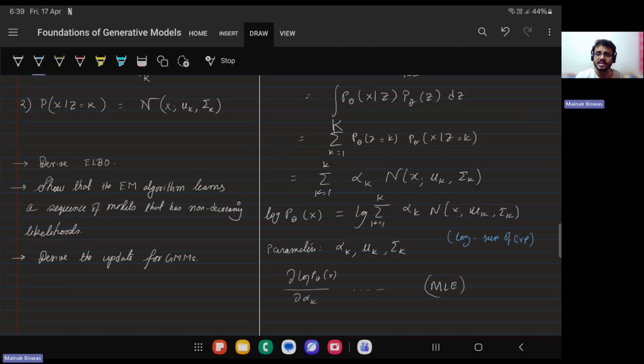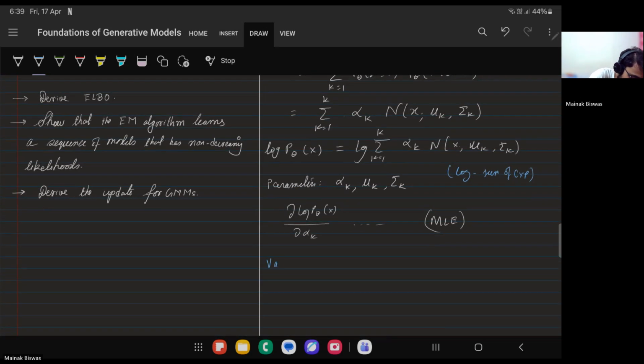So instead, what we say is we will not try to maximize the log likelihood directly. We'll be trying to use something called a variational distribution. A variational distribution q of z given x tries to model the conditional distribution of the latent in the real model.